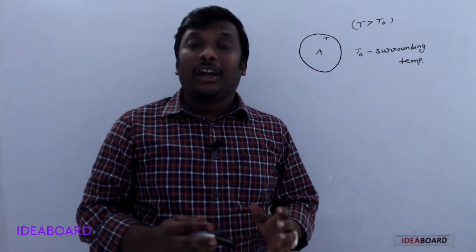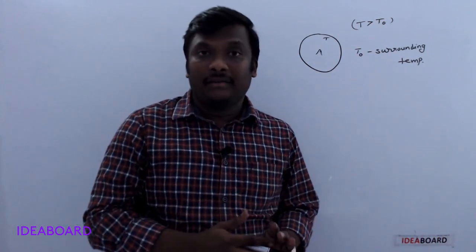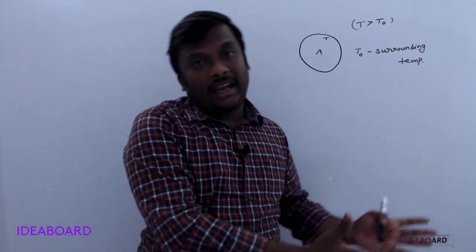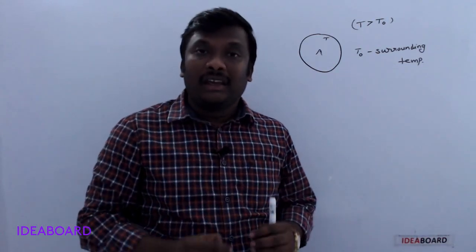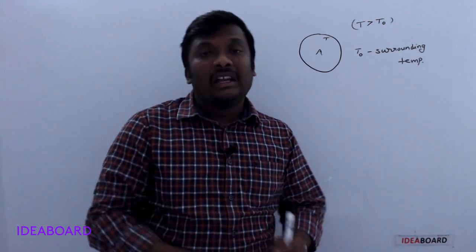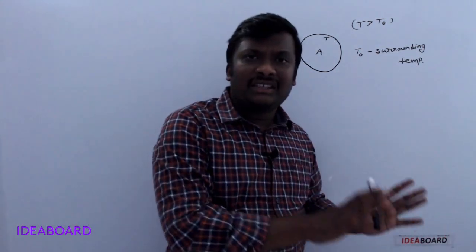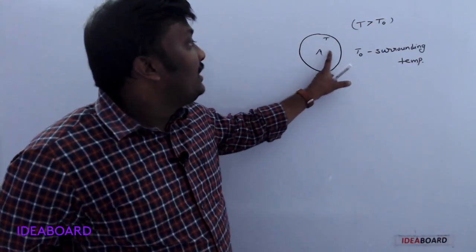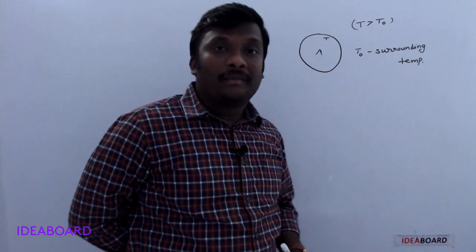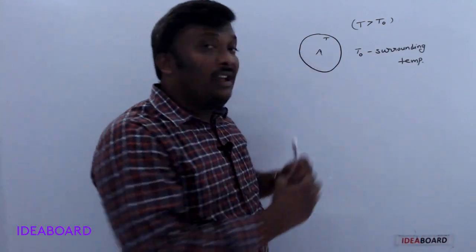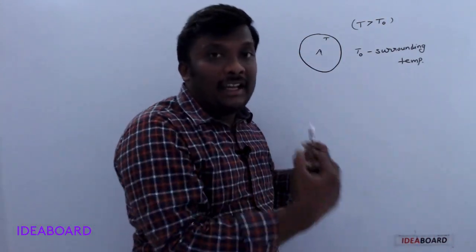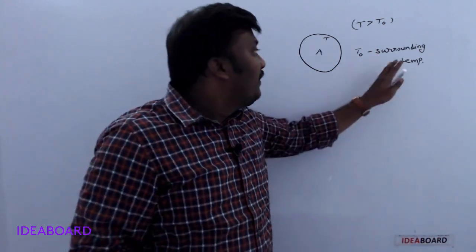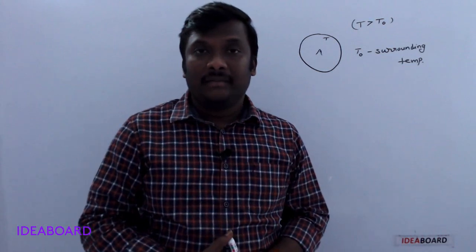According to the Prevost heat exchange theory, every body emits radiations and absorbs radiations above 0 Kelvin temperature. But here, the temperature of the body is more than the surrounding temperature. That's why the body loses more heat energy and gains less heat energy from the surroundings.